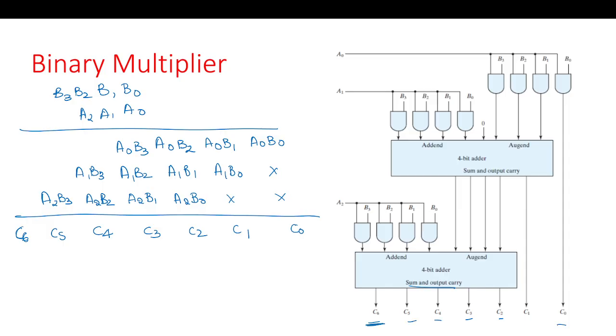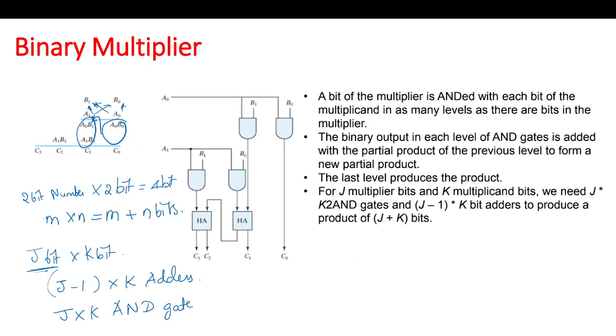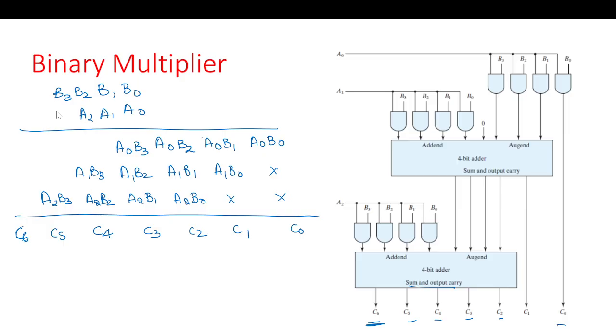Okay. So here, if you see, this will come directly. Here, a half adder is sufficient, but this carry goes on. If we have another digit here, then we need a full adder. So this will come directly.